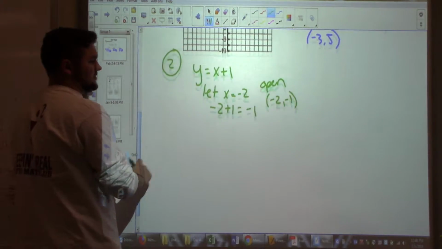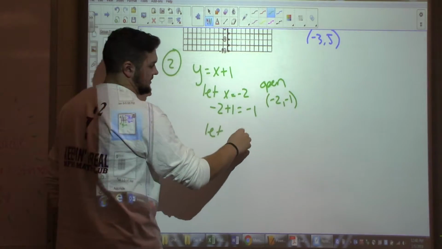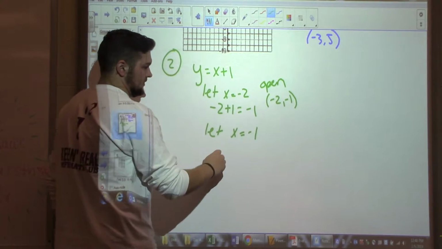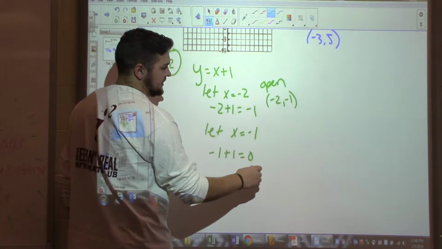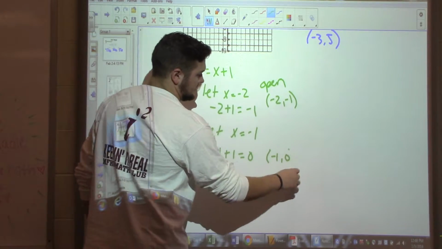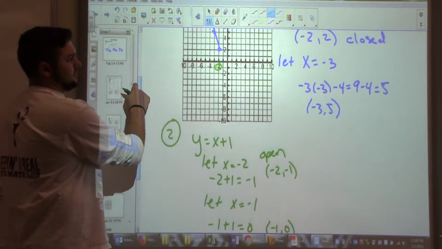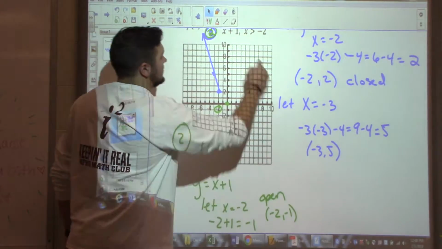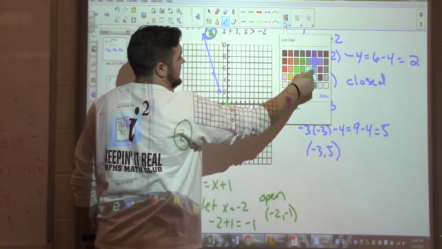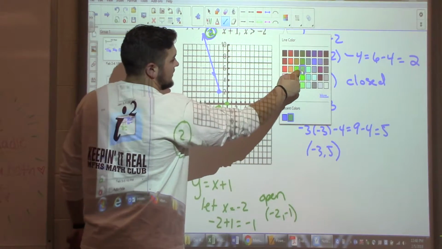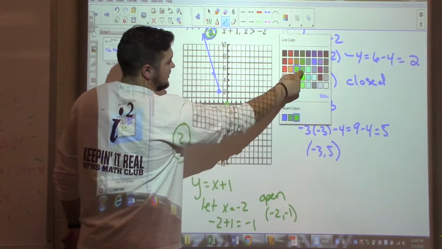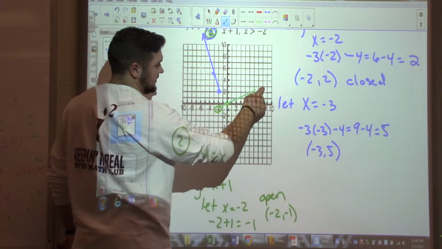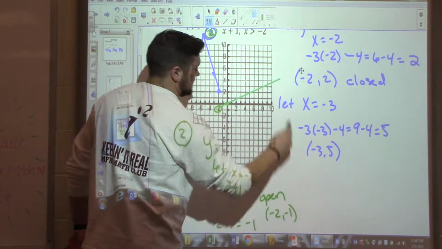And I'm finding direction. So I need greater than negative 2, so I'm going to let x equal negative 1. Negative 1 plus 1 is 0. So I get negative 1, 0 is my other point. Once again, once I have my direction on there, I can draw in my line. That's not the right color.